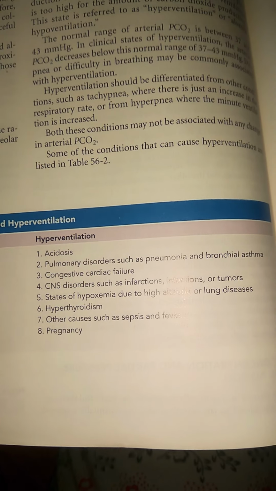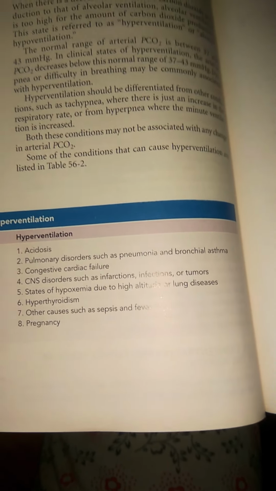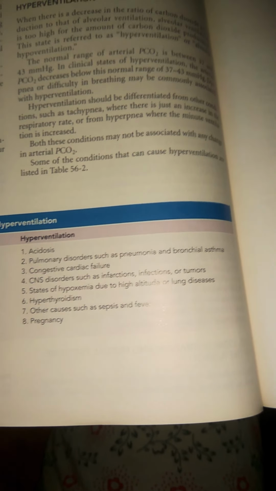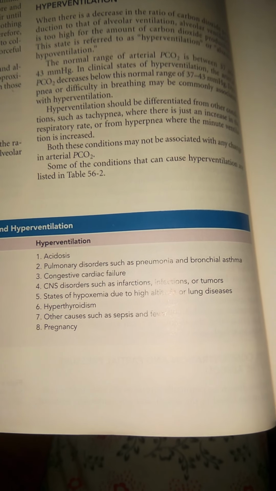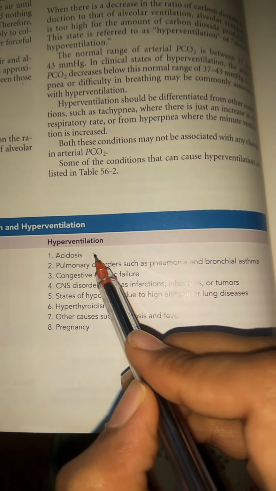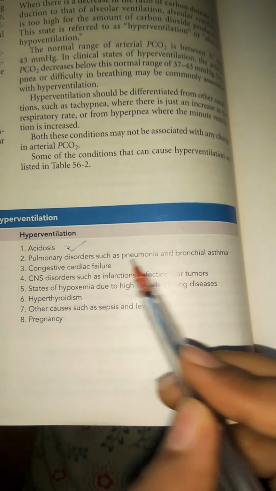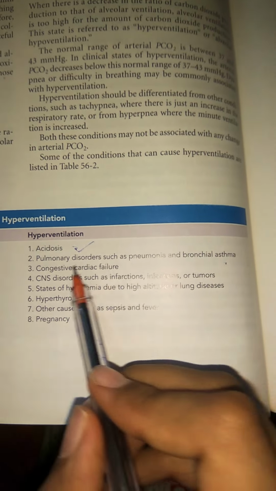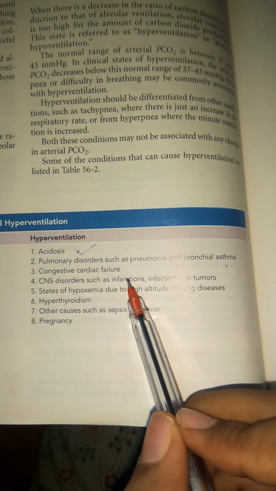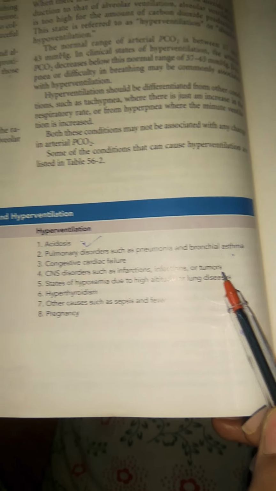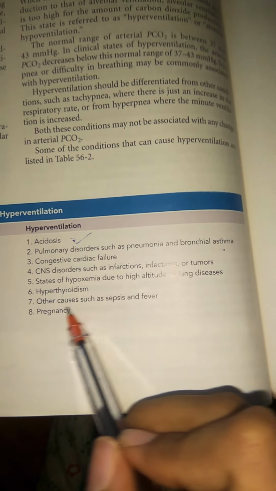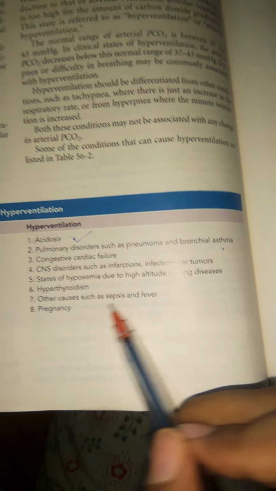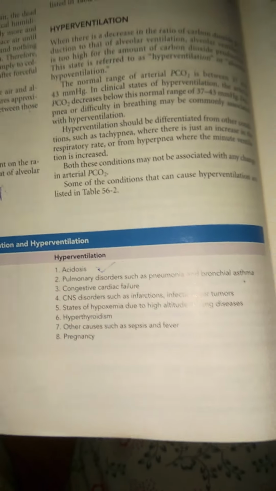And in hyperventilation the reason is that the carbon dioxide production is normal, but the alveolar ventilation is very high. So let us see here, in hyperventilation the causes are acidosis, pulmonary disorders like pneumonia, bronchial asthma, congestive cardiac failure, CNS disorders like infarction, infections, tumors, stress of hypoxemia due to higher altitude or lung disease, hyperthyroidism, and other causes like sepsis, fever, pregnancy.